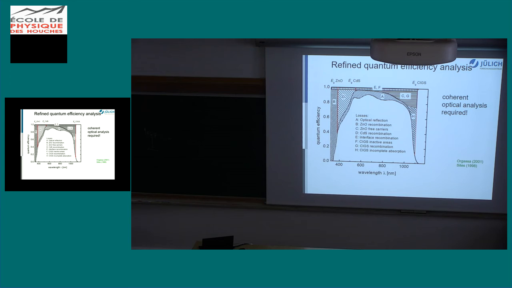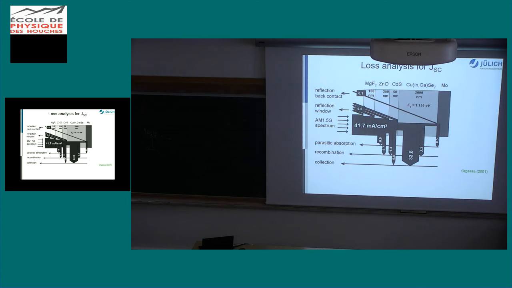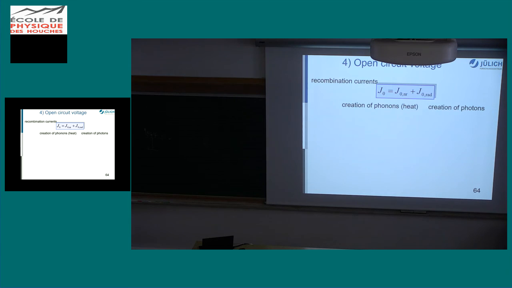Nowadays I would rename this as a lack of interface selectivity. So that's a selectivity loss. Anyway, that's what you can do and what you can learn, and then you can make all this kind of analysis on it.